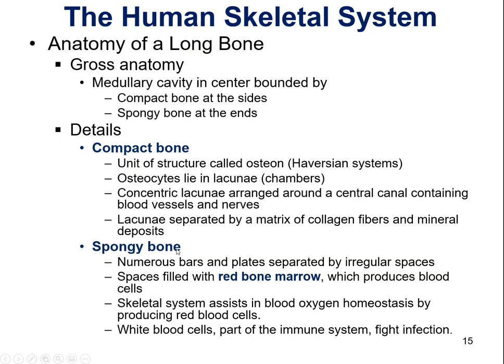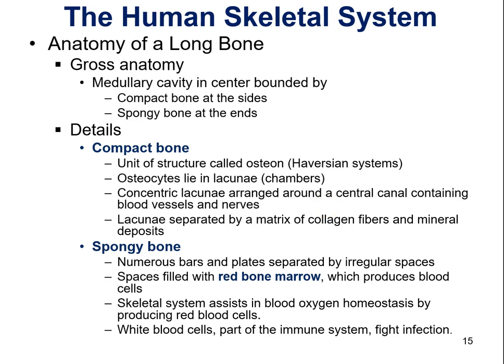All right, so compact bone, it says the unit of structure is called an osteon, and we saw this when we did our tissues chapter, and basically that picture of bone that we saw was of compact bone. Okay, the osteocytes lie in these lacunae, these chambers, and you have these concentric lacunae around a central canal, right?